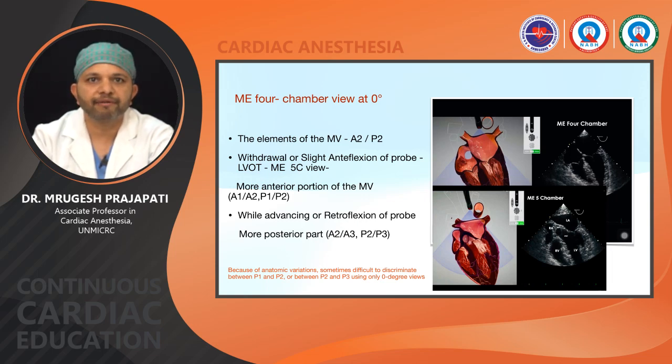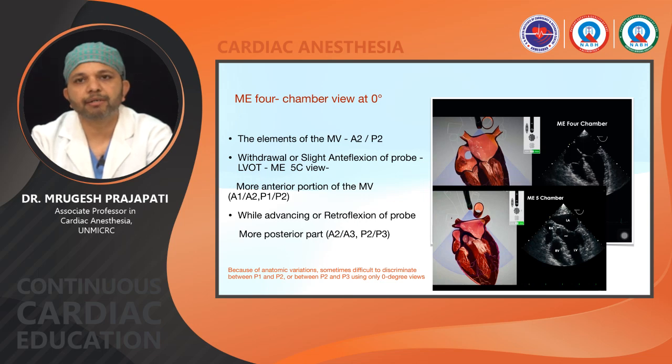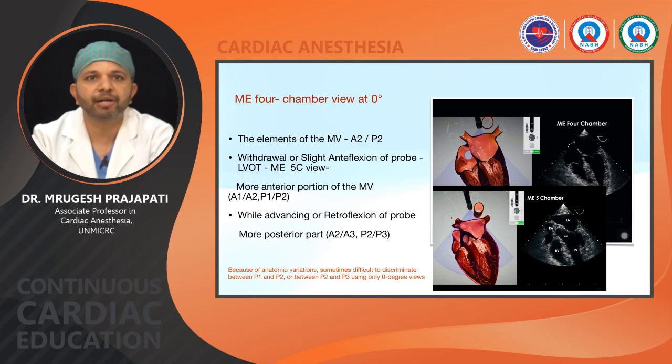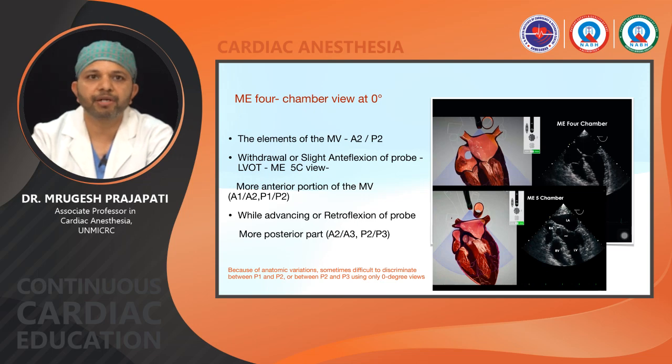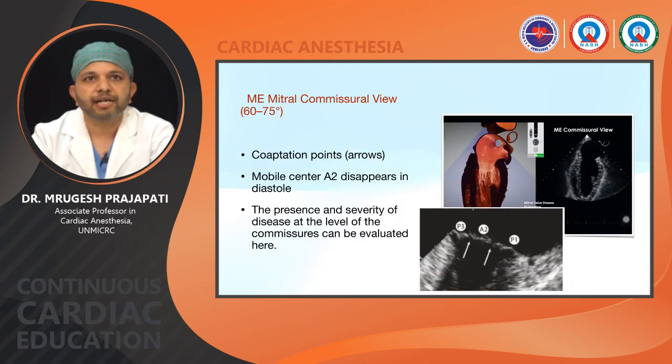While advancing or retroflexion of probe brings the posterior part of mitral valve into picture like A2, A3 and P2, P3. Because of anatomic variation, it is sometimes difficult to discriminate between A1 and P1 or between P2 and P3 using this view.